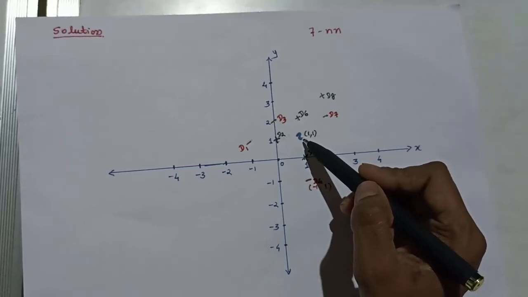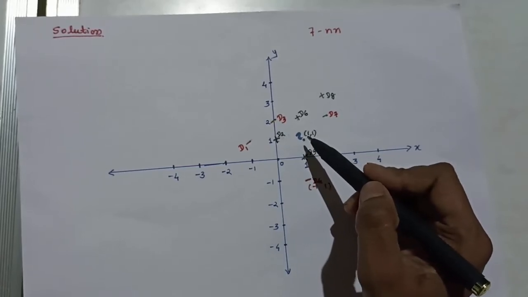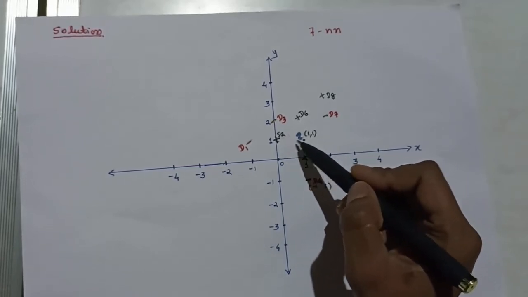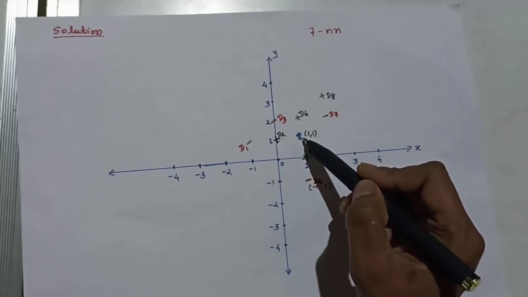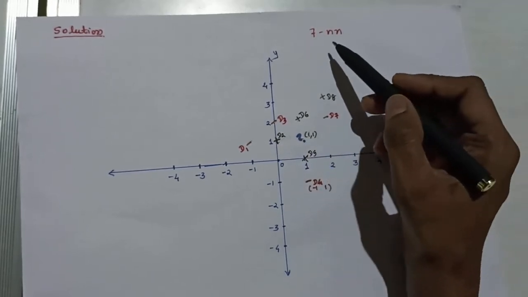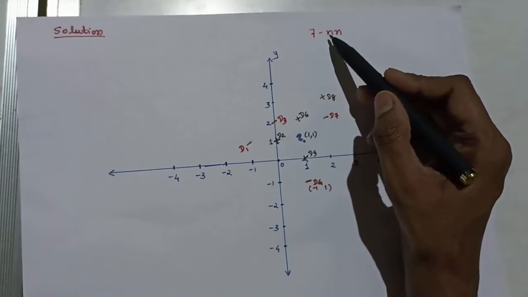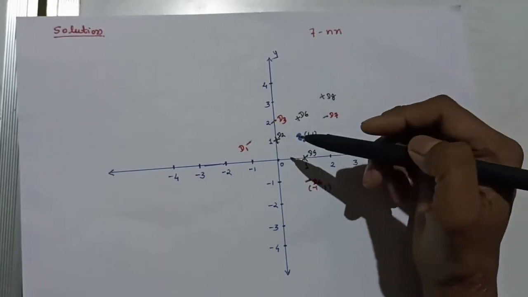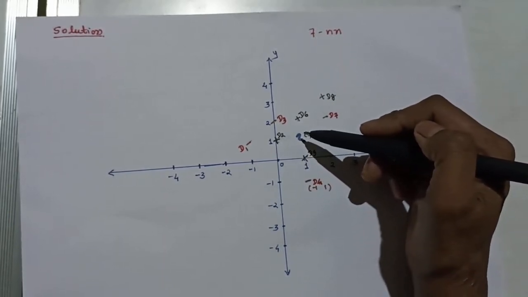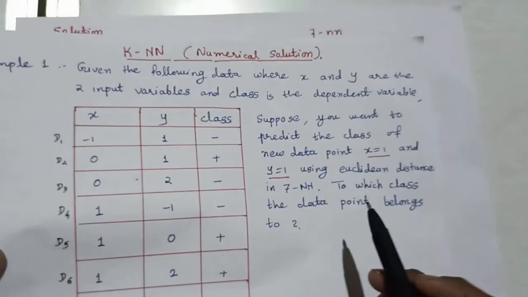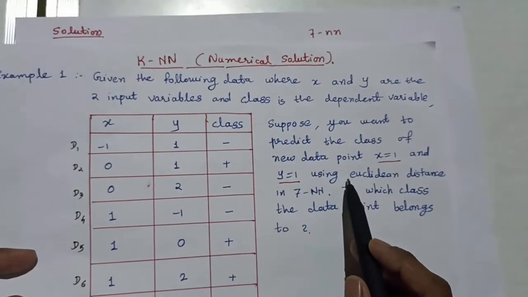So in k nearest neighbors, what we do is find the nearest neighbors of this data point, and since it is given that we have to use 7 nearest neighbors, we will find the 7 nearest neighbors. So what is mentioned is that we have to calculate the distance.